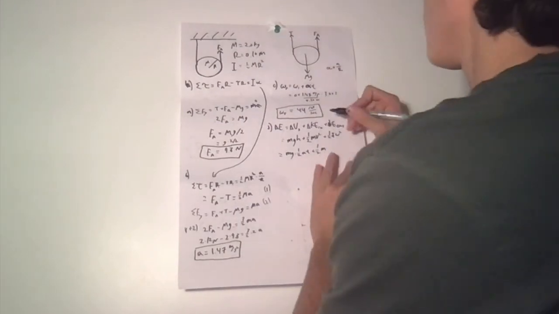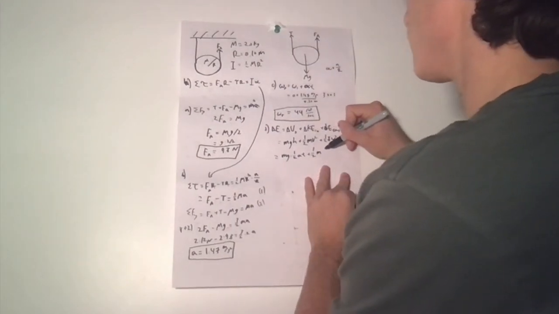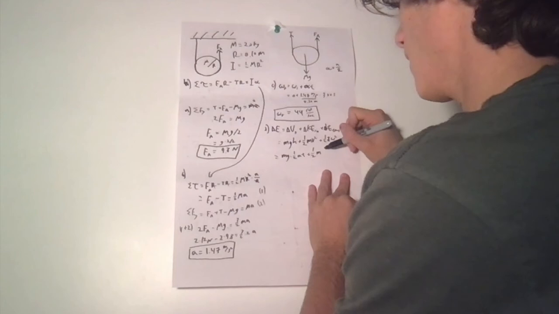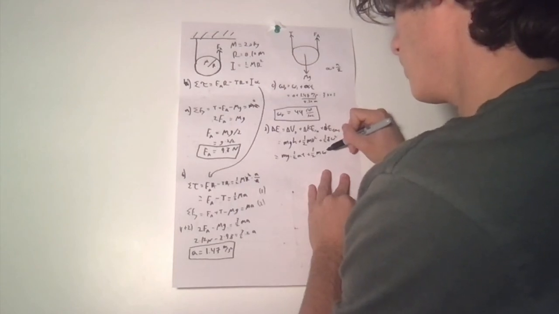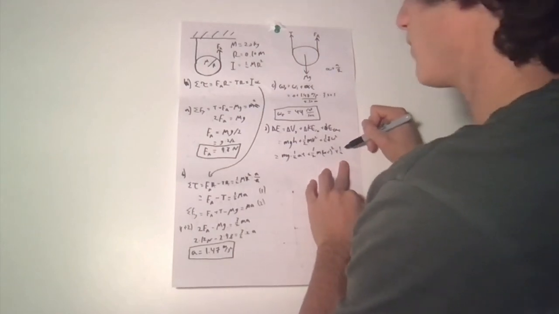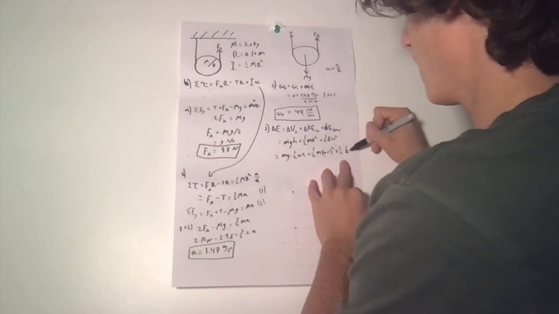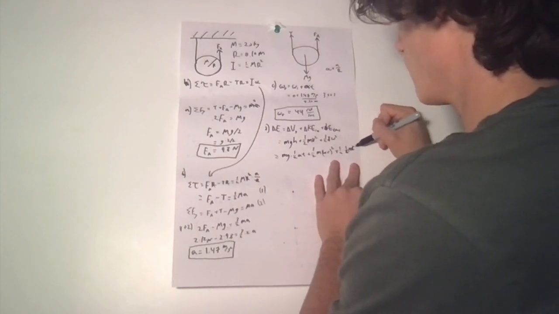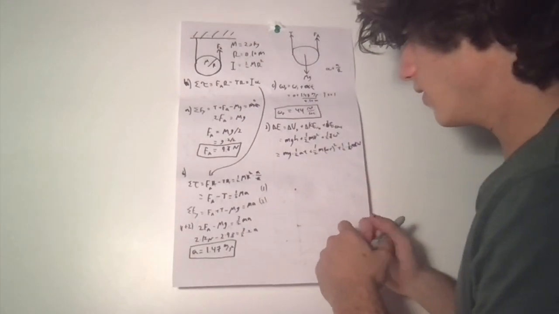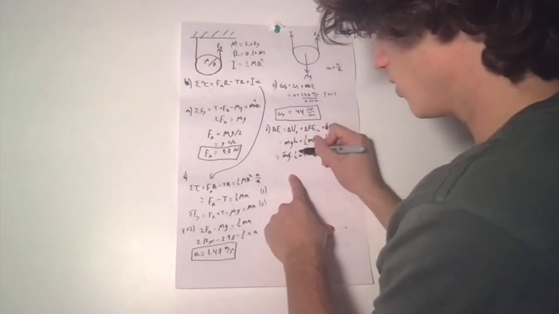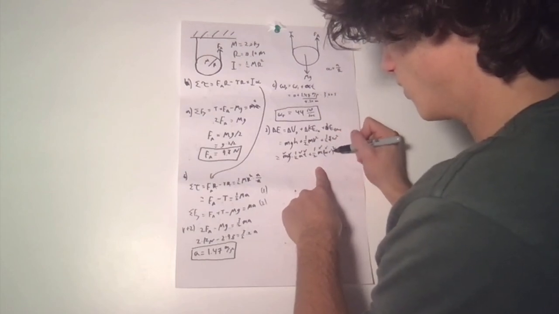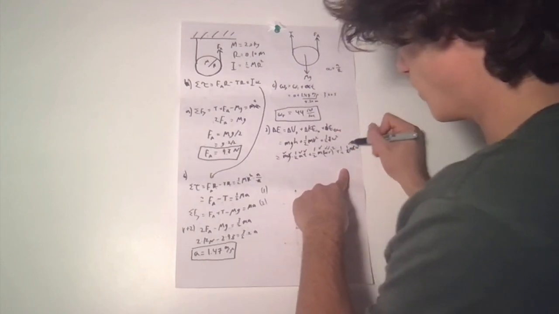We know that v is equal to w times r. So w times r squared plus 1/2, and we know the inertia, so it's 1/2 m r squared times w squared. Now we have all of the numbers, because we know m, g, a, t, w, and r.